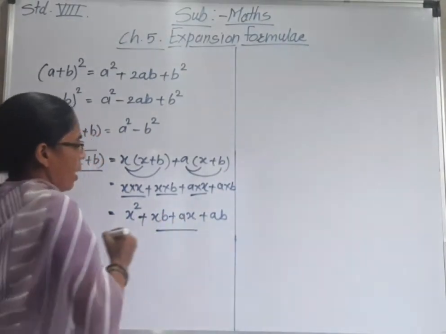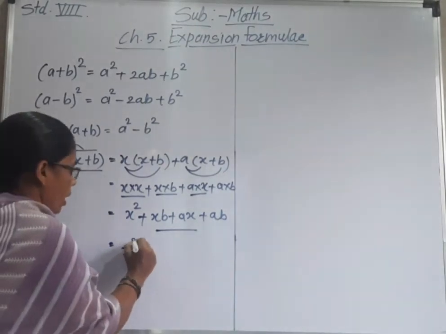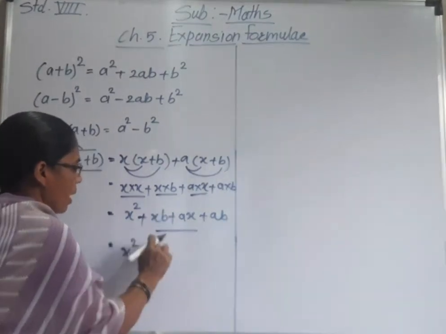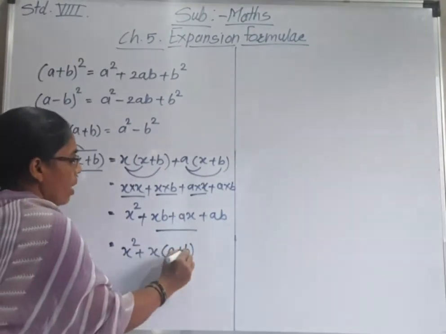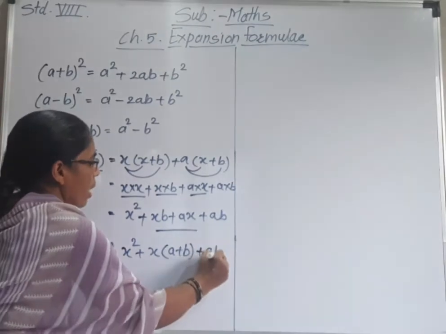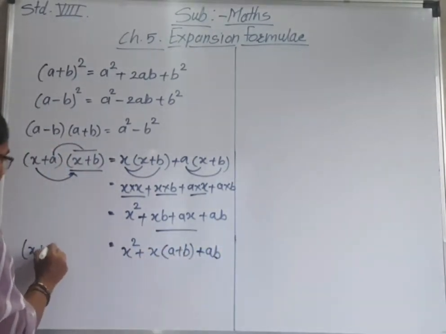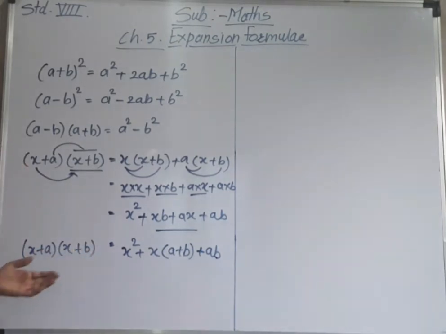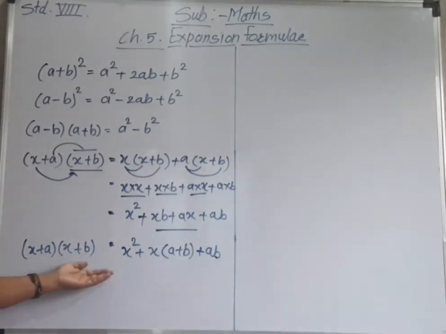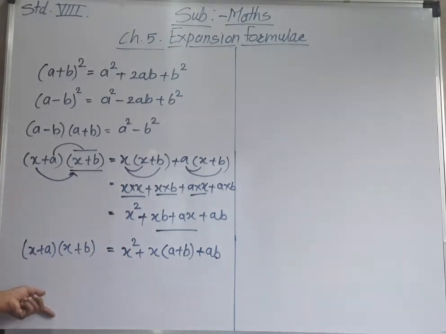So xb and ax are like terms, so we can add them, or take the common x: x into (a plus b), plus ab. This is the expansion of (x plus a)(x plus b), when the first term is the same and the second term is different, we expand by multiplying the brackets.